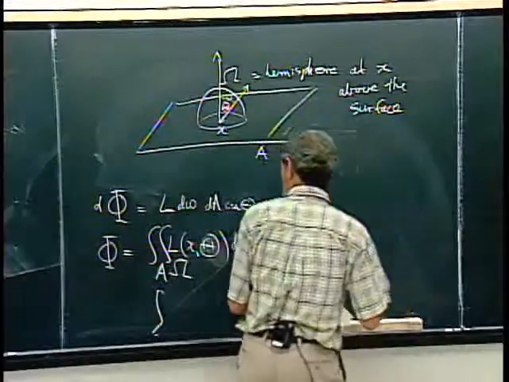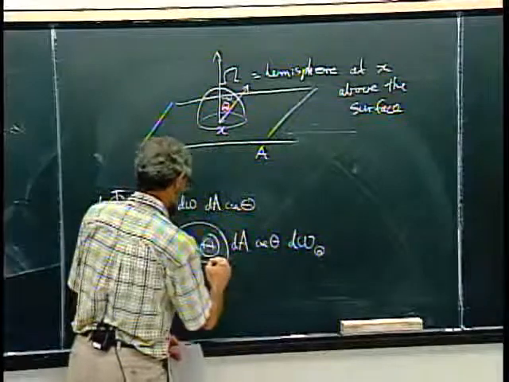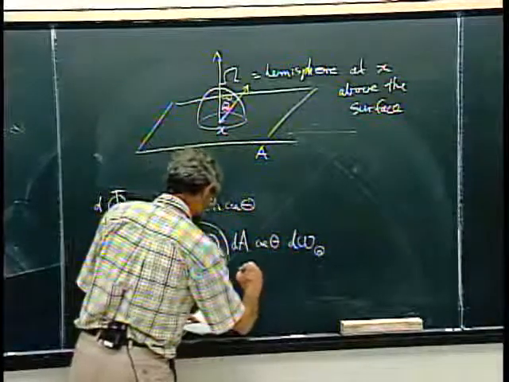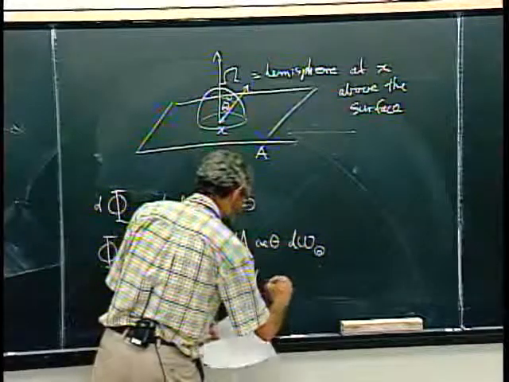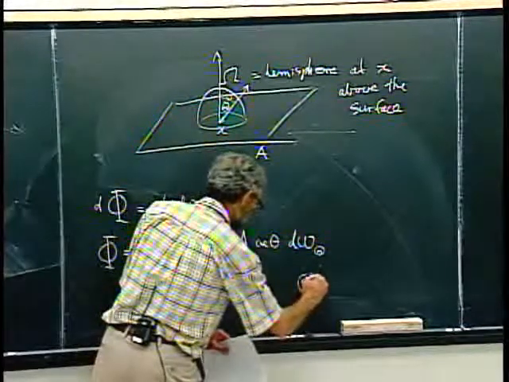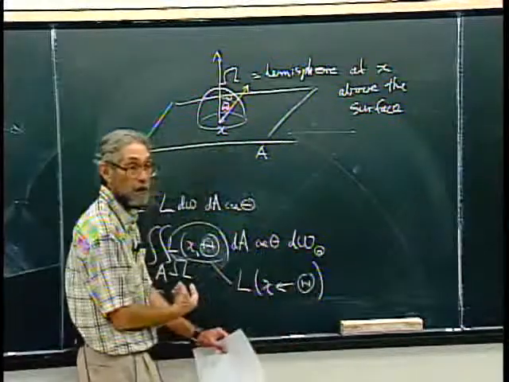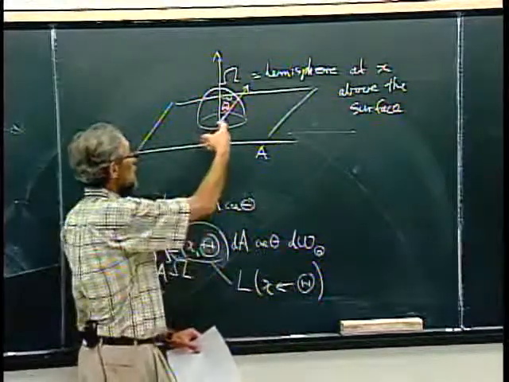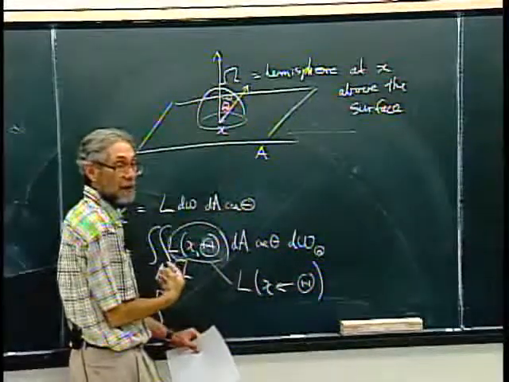So the way the book writes this, instead of the radiance at x in direction theta, they say the radiance for light from direction theta flowing toward x. So they just put an arrow here. And that says the light is hitting point x coming from direction theta.